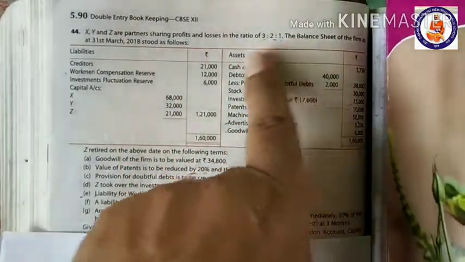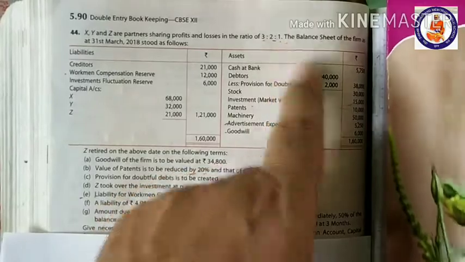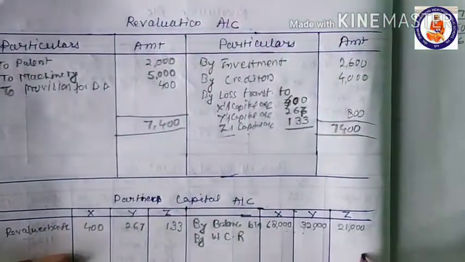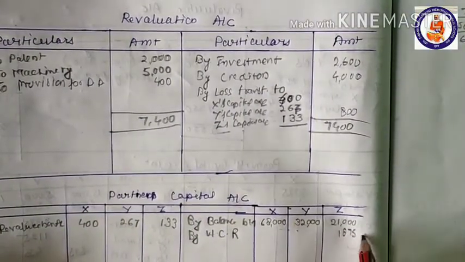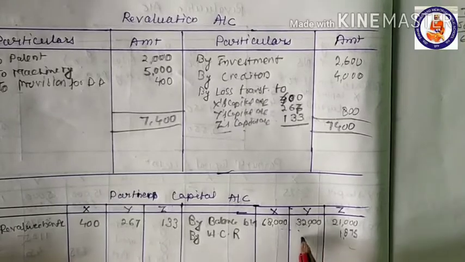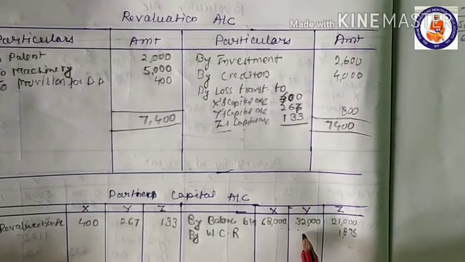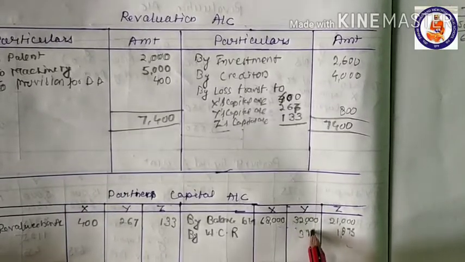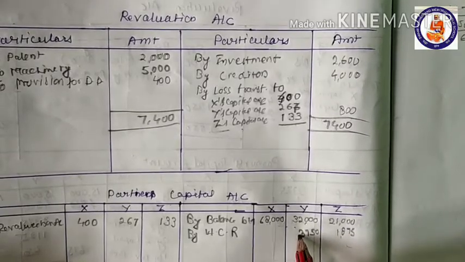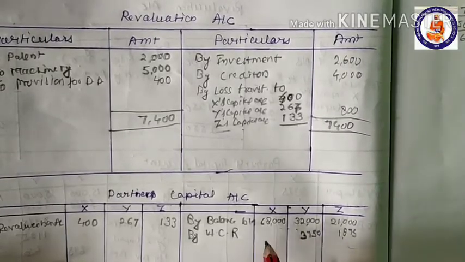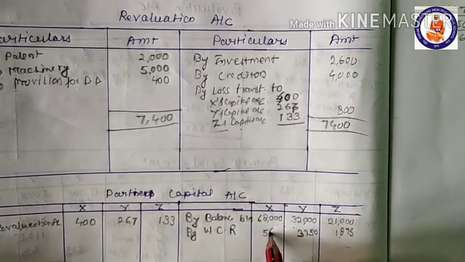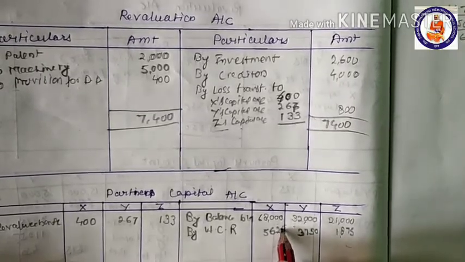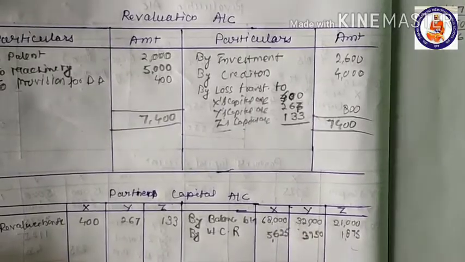So his share, if we divide it by 6, comes to 1,875. 1,875 will be given to Z, and double of it will be given to Y, that is 3,750. Then 3 times that, 5,625, will be given to C.